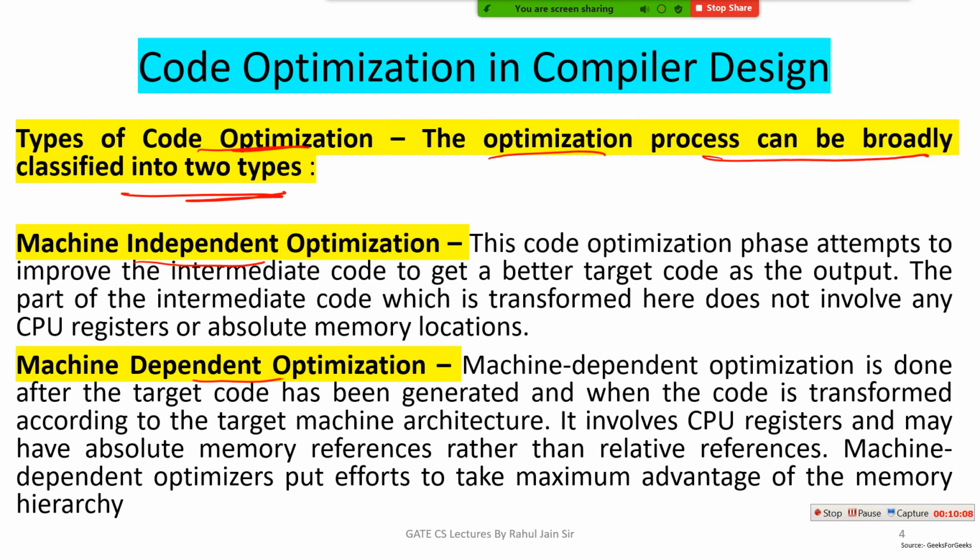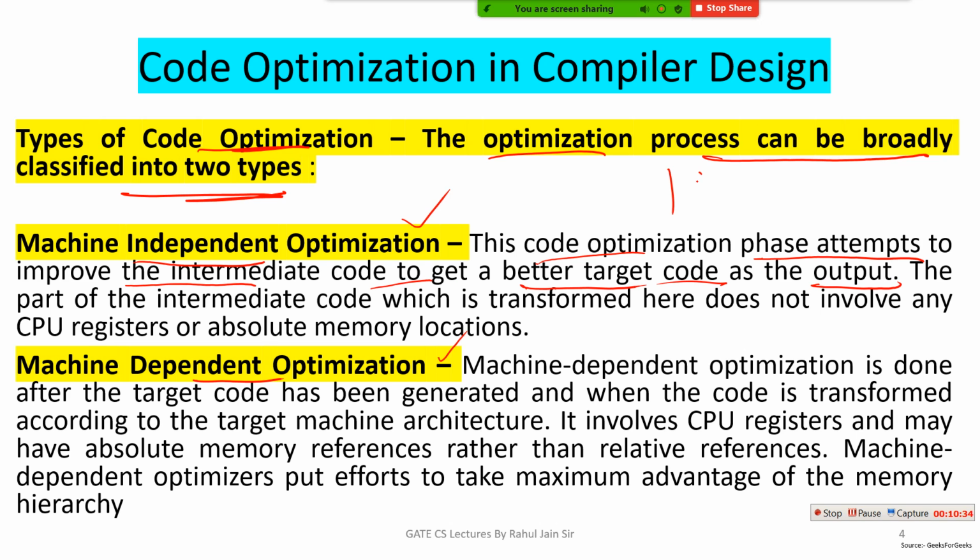In the earliest slide, when we started the first session of our compiler design, I discussed in detail that there are two types of code optimization, that is machine independent optimization and machine dependent optimization, right? So in machine independent optimization, this code optimization phase attempts to improve the intermediate code to get a better target code as an output.